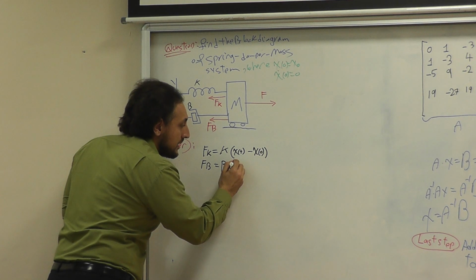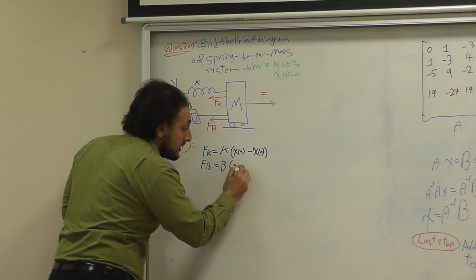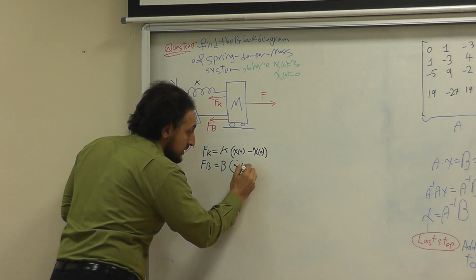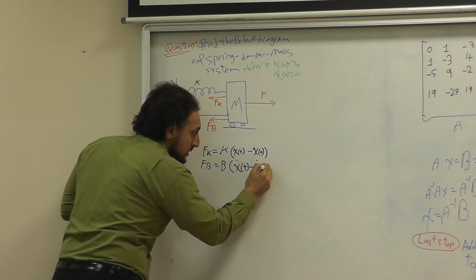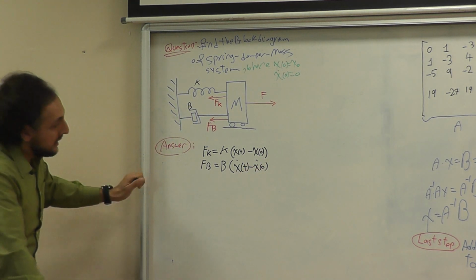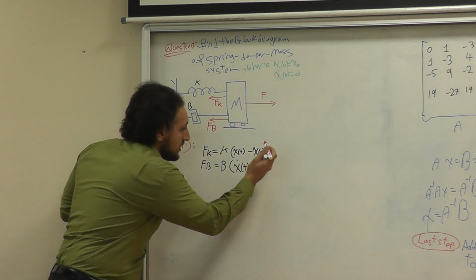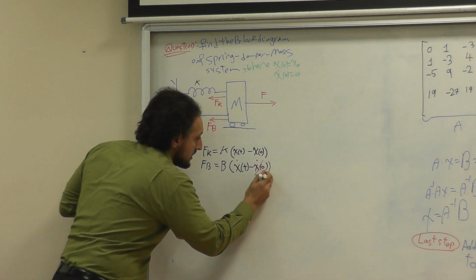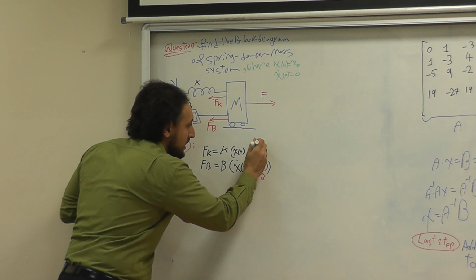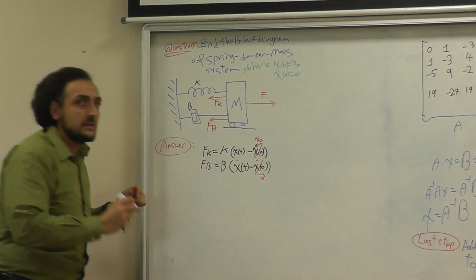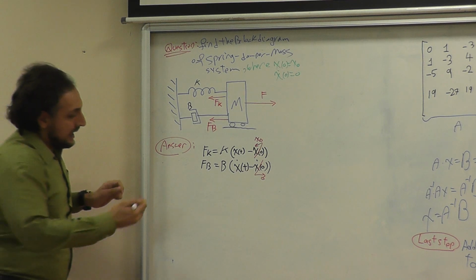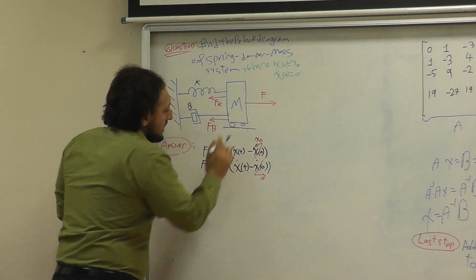Not x t, it's speed. x dot t minus x dot 0, right? Okay. But what is here? So this is 0 and that one is x 0.